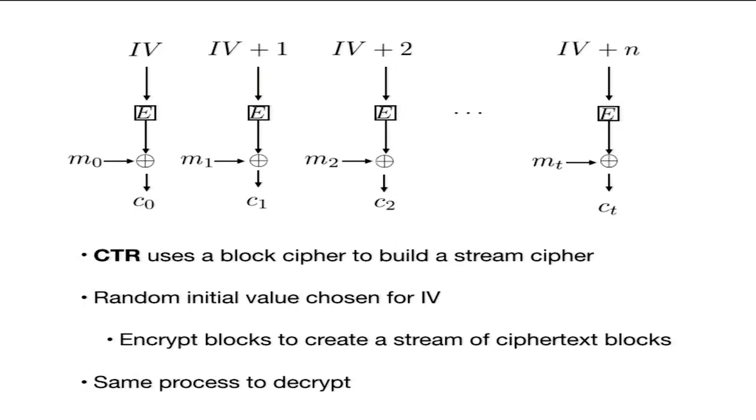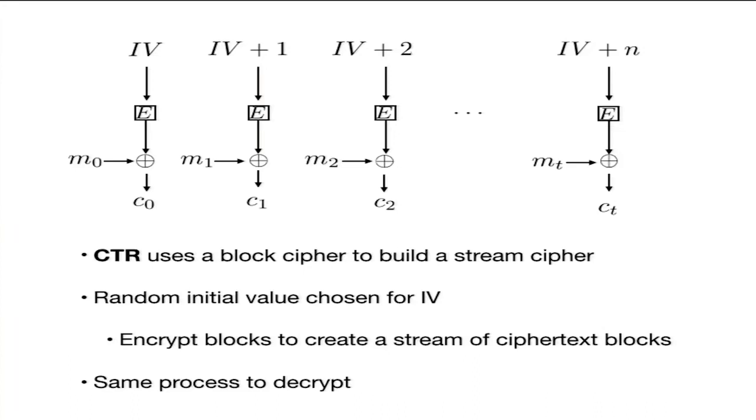So our message split up in 16-byte blocks is XORed with the encryption of the counter to get C0, C1, C2, all the way to CT. So CTR uses this block cipher, for example AES here, to build a stream cipher.